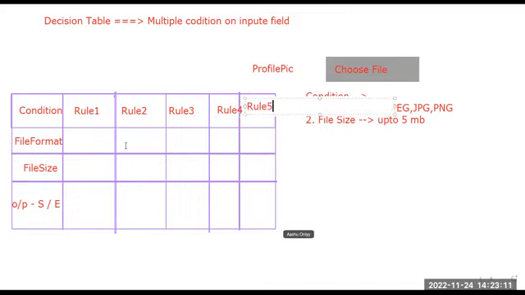Now my rule 1 says that if the user selects the JPEG format and the file size is 4 MB, then what will happen? Success. We should be able to upload a photo.